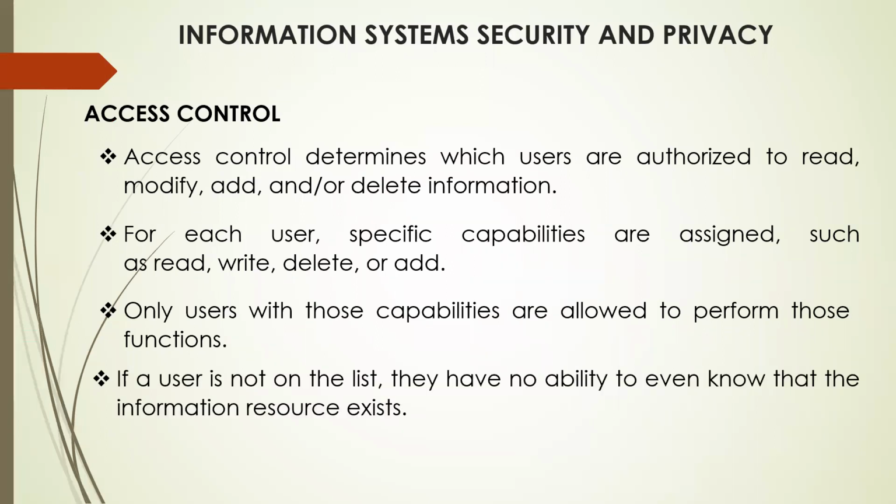If a user is not on the list, they have no ability to even know that the information resource exists. ACLs are simple to understand and maintain. The primary drawback is that each information resource is managed separately. So if a security administrator wanted to add or remove a user to a large set of information resources, it would be quite difficult.